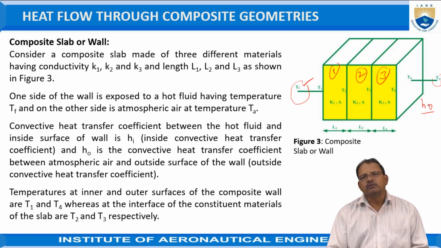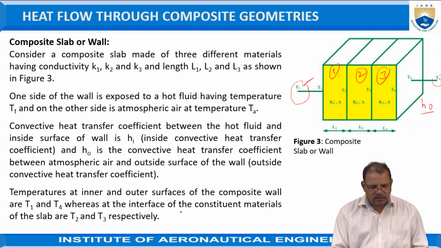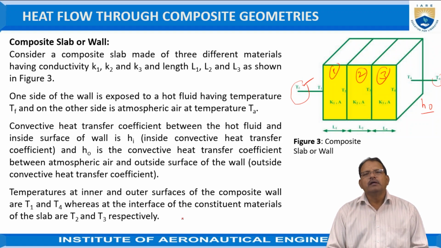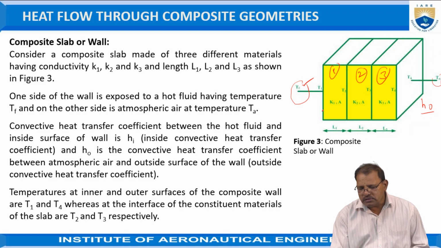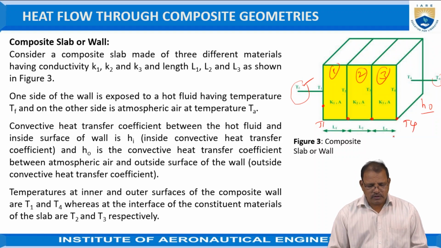The temperatures at the inner and outer surface of the composite wall are T1 and T4, whereas at the intersections of the constituent walls they are T2 and T3.